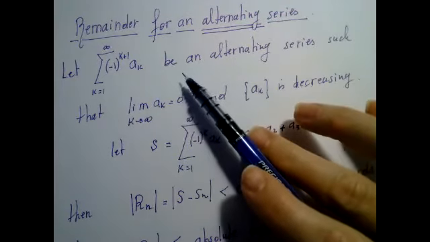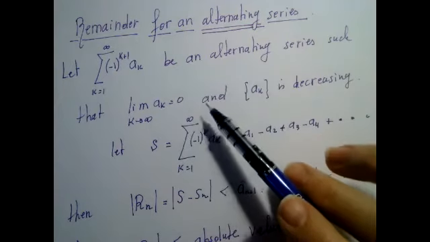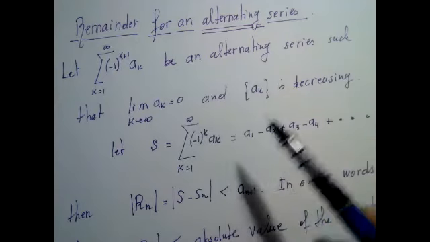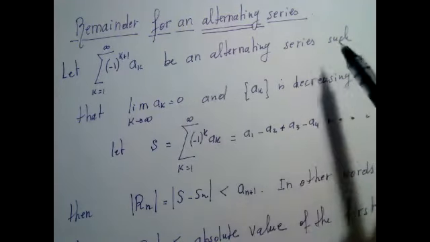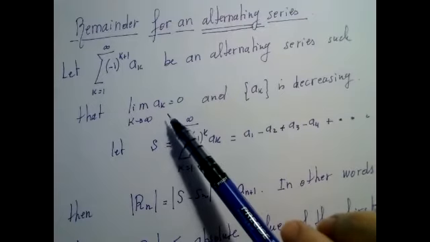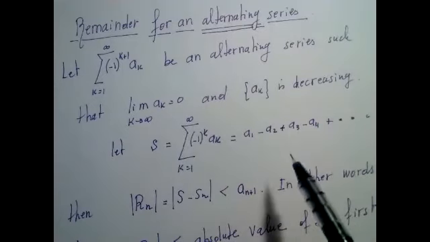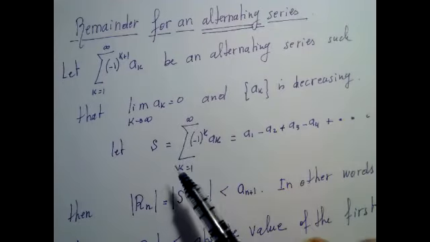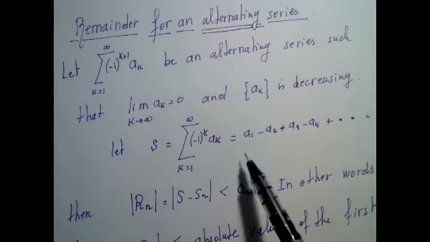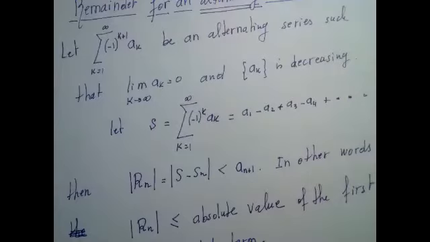Suppose we have an alternating series where both conditions of the alternating series test are satisfied. So let sigma a_k be an alternating series where the limit of a_k goes to 0 and a_k is decreasing. Both conditions are satisfied. Under those conditions, the series converges. Let S be the sum. Okay, I'm reading it very carefully, very slowly.